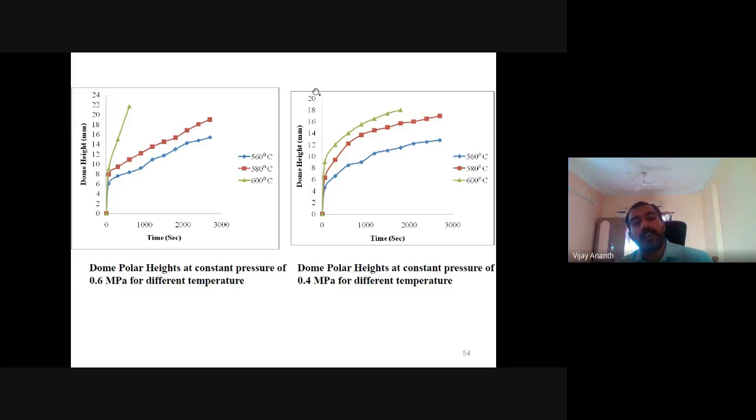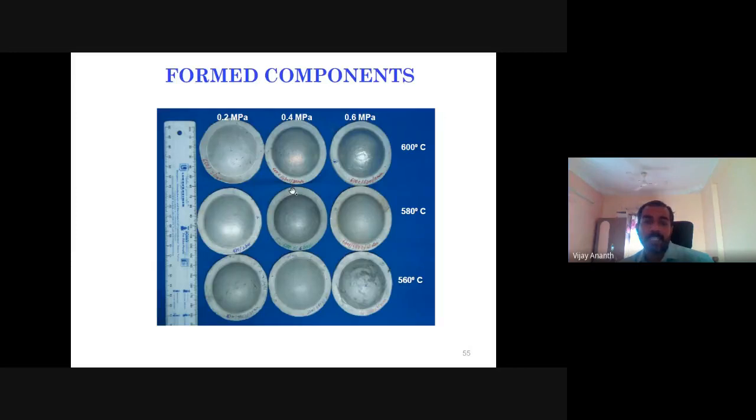So we have the optimum temperature to get superplastic forming in aluminum 6063 silicon carbide composite, and it is 580 degrees centigrade. At 600 degrees centigrade, many times it failed. But very good forming is obtained at 580 degrees centigrade.